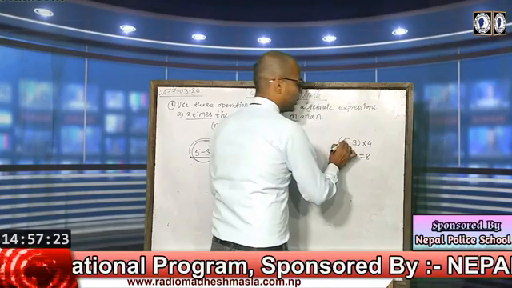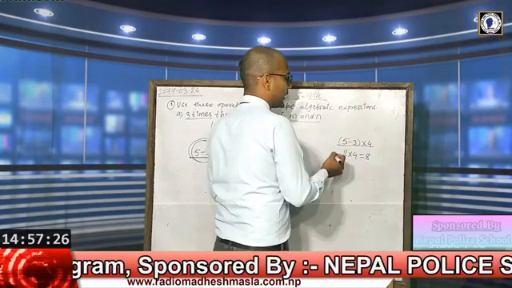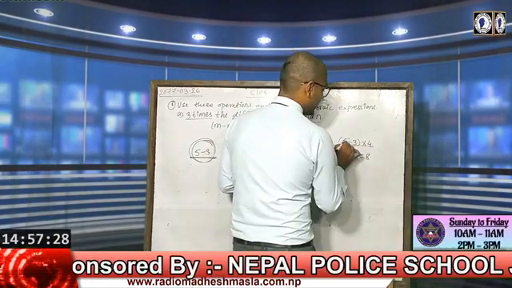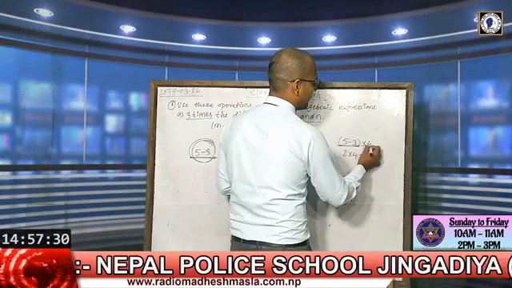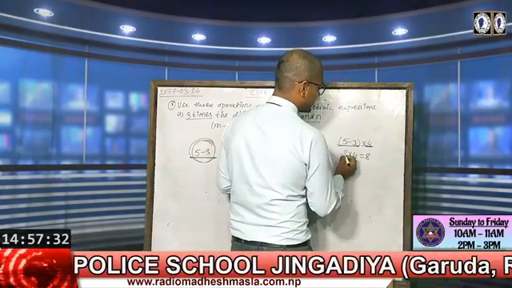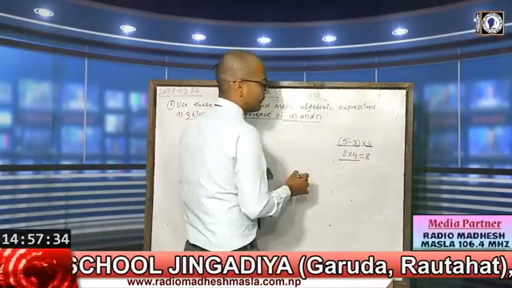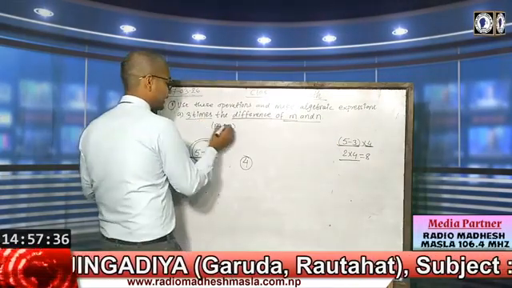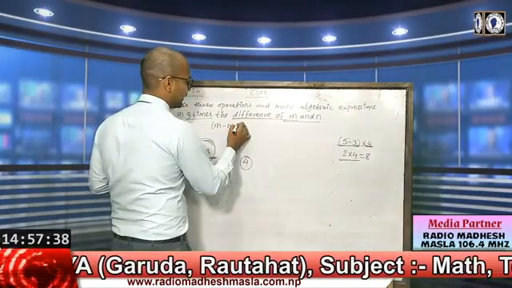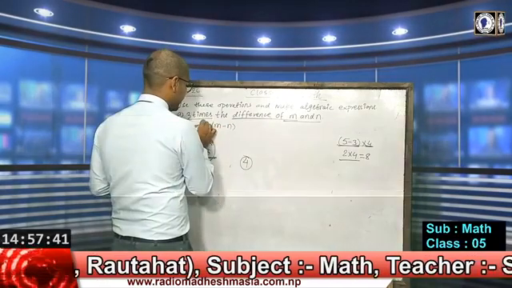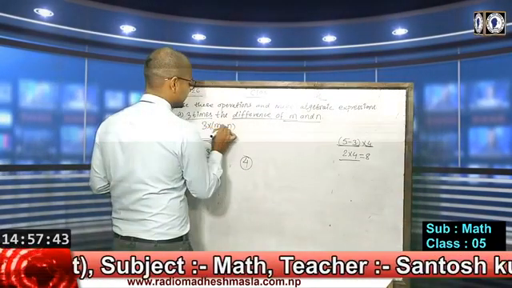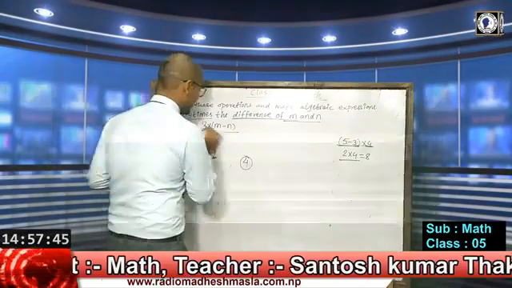No. The question will be the same. The difference of 5 and 3 should be multiplied by 4 here. So in this way we can find the multiplication. Again we can write 3 this side or that side, no problem. So we can use here 3 times the difference of m and n. Yes, this is your answer.